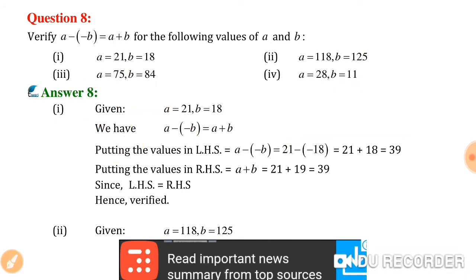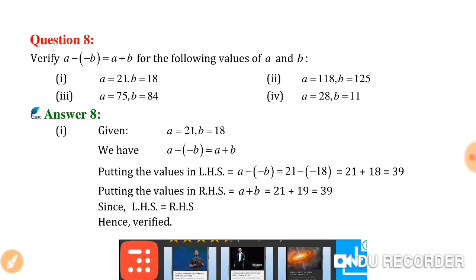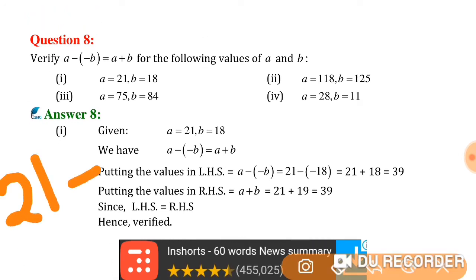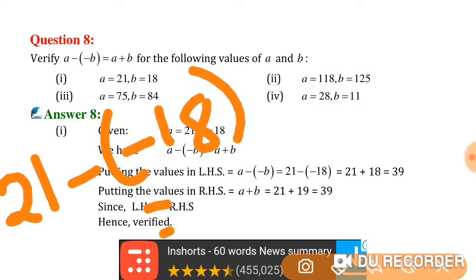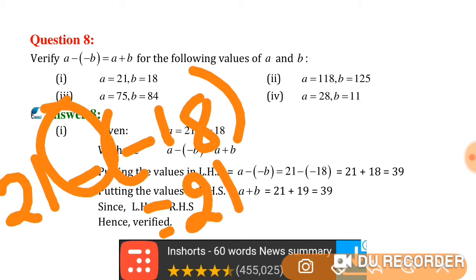How? So 21 minus of minus 18 should also come the same. Already we know that in addition and subtraction of integers, write the first integer as it is. If there is a subtraction sign between the integers, then change the sign of the integer after it and write.